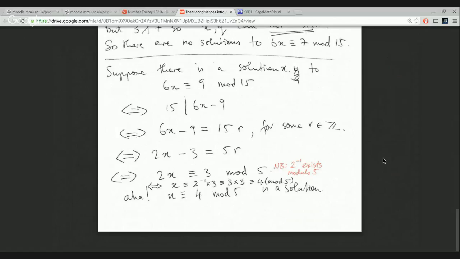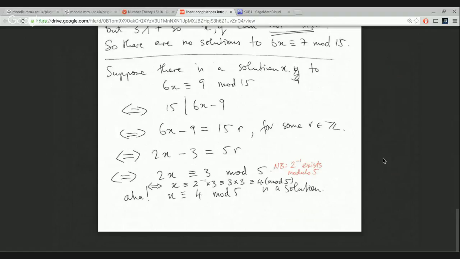But now we've got the solution as congruence classes modulo 5. Here's the congruence class of everything congruent to 4 modulo 5. But within that, there are 3 congruence classes modulo 15.